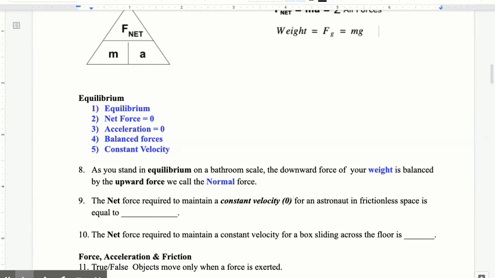Let me just think about that for a minute. For an astronaut in frictionless space, it is equal to what? This is just another way of saying you're in a place where there aren't any other forces acting on you. So it's 0.